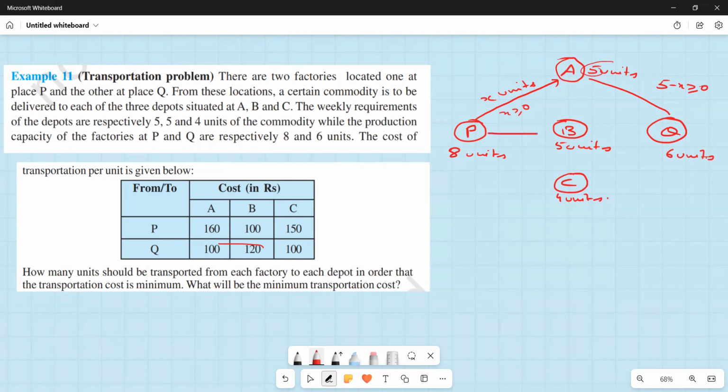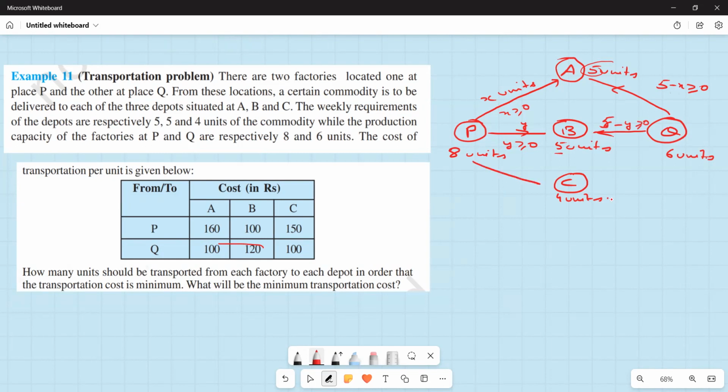Same. If P is supplying y units to B, y should be positive, then it will be taking 5 minus y from Q because the total requirement is 5. Now, out of 8 units, x and y are given over here.